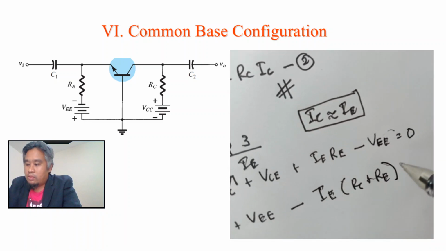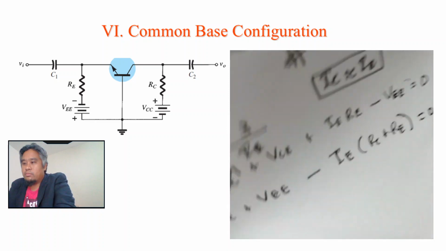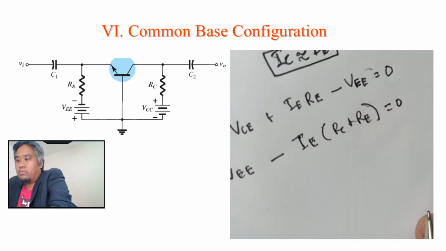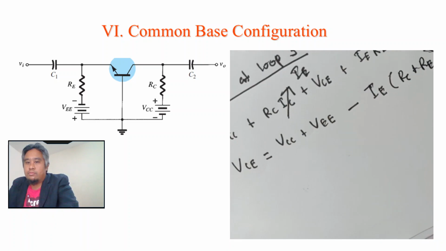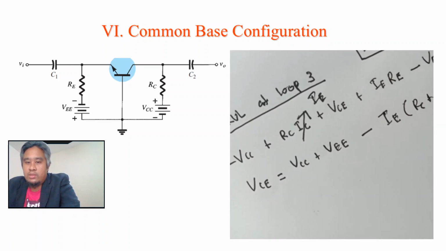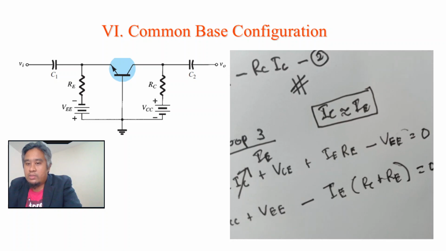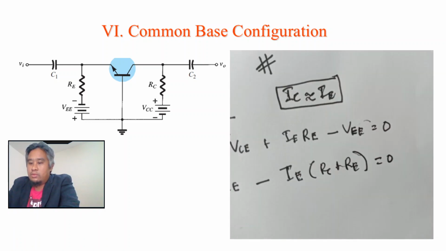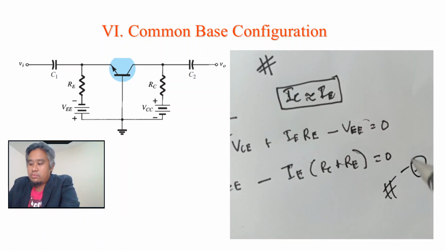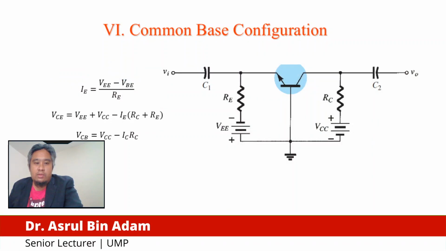So VCE equals VCC plus VE minus IE times RC plus RE. This is our third equation. Going back to the previous slide, see the equation VCE equals VE plus VCC minus IE RC plus RE. Correct.